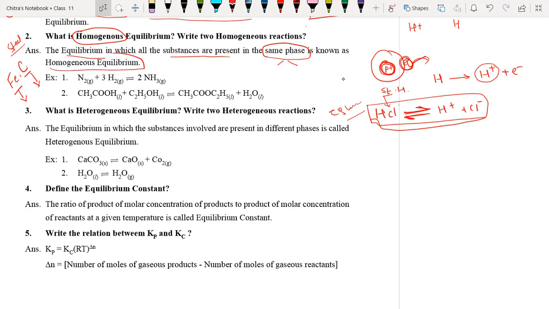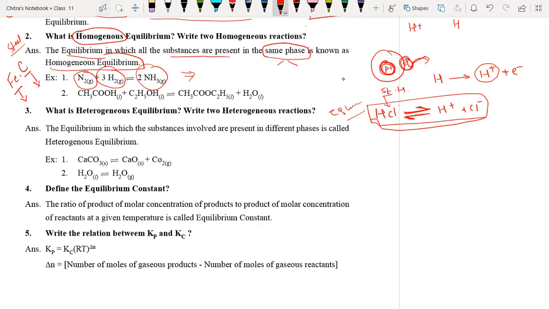So here we have nitrogen gas reacting with hydrogen gas to form ammonia. All these are present in the same phase. You cannot identify the nitrogen, hydrogen and ammonia gases separately.